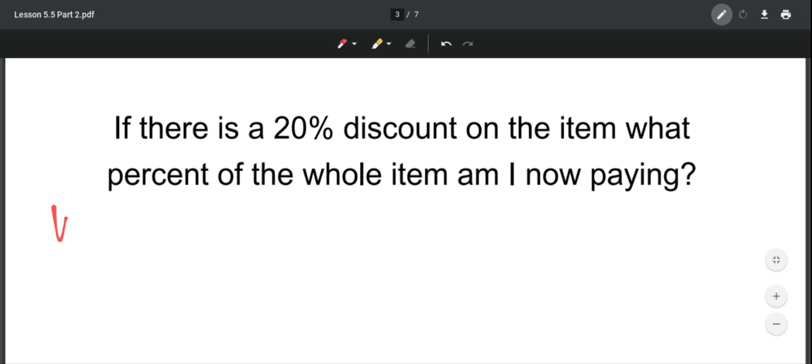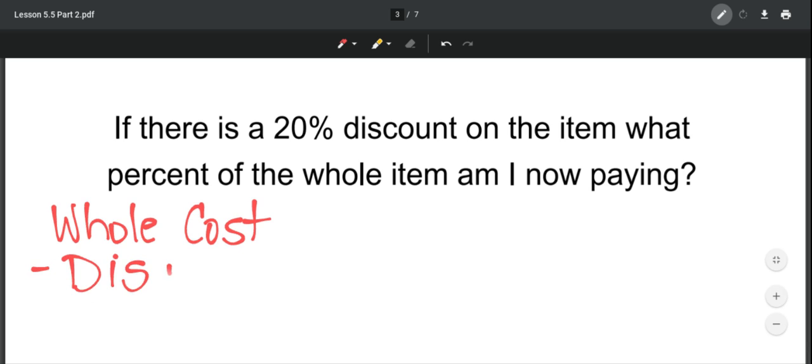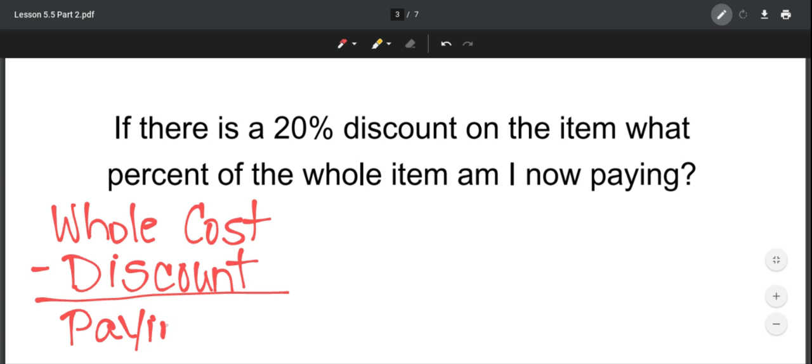Well, the whole cost minus the discount is what gives us what we pay. Let's think of that in terms of percentages.